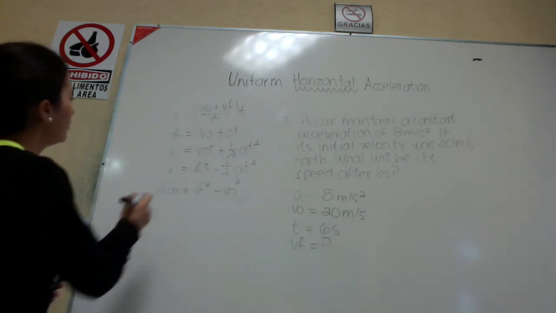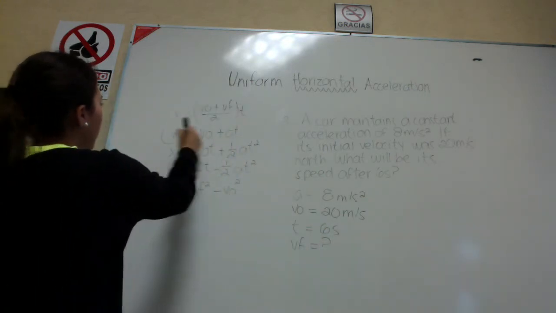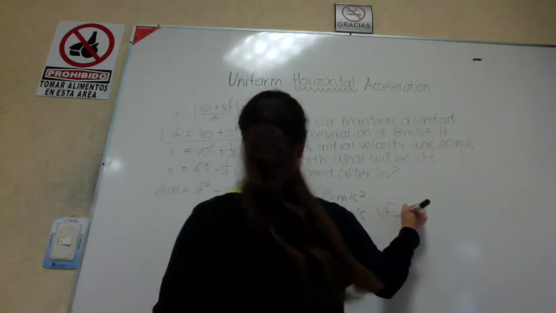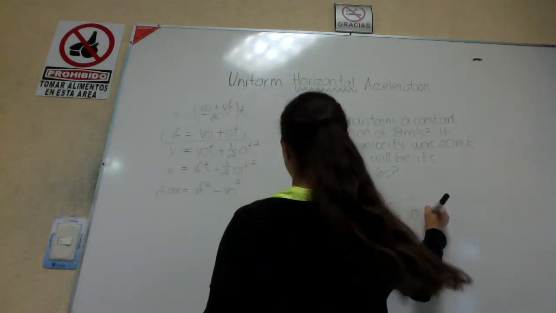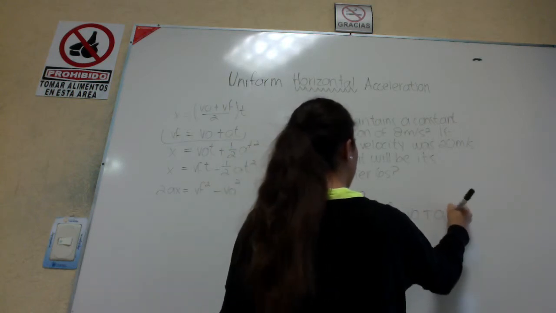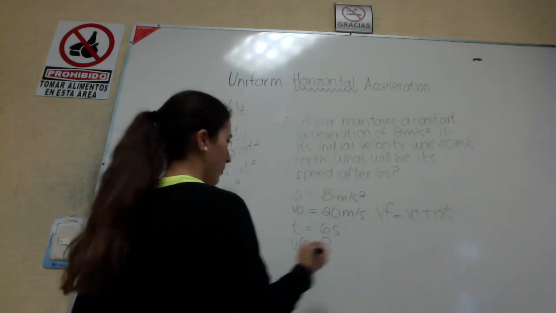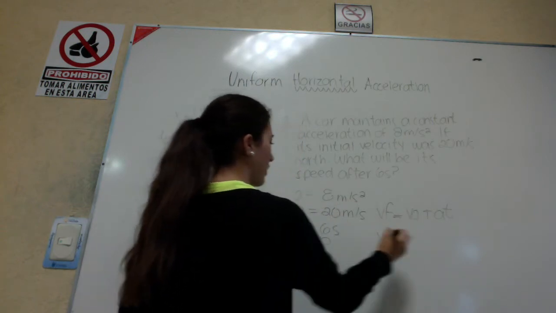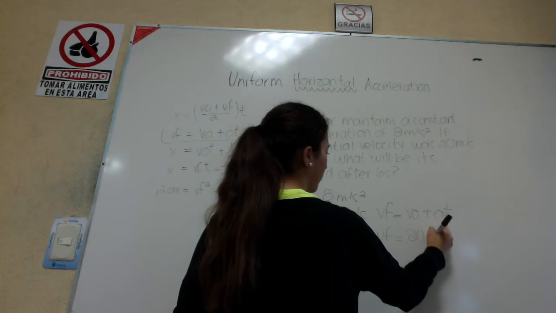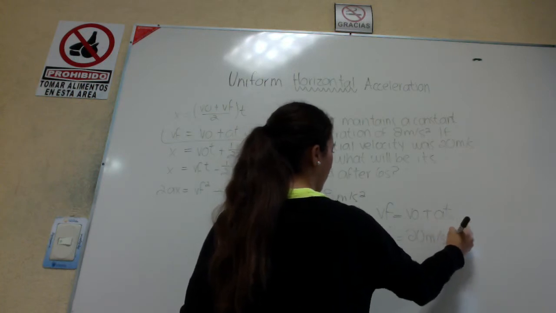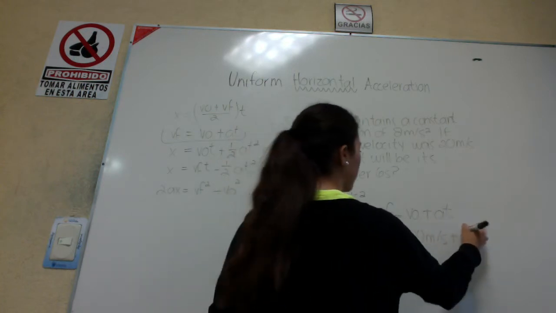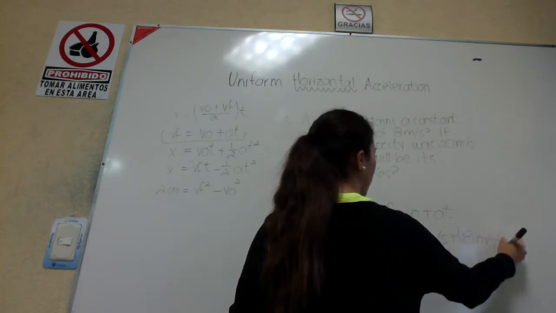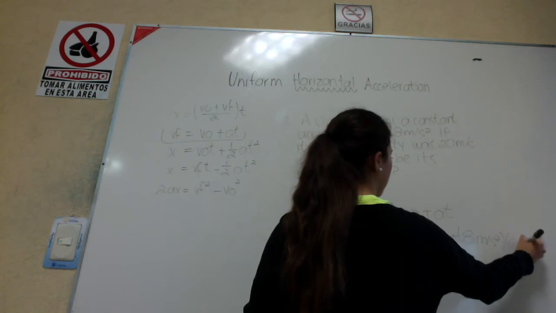So we're going to use this formula, that is initial velocity plus acceleration times time. And it will be 20 meters per second plus acceleration 8 meters per second squared times time, 6 seconds.